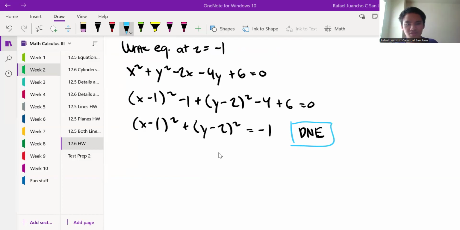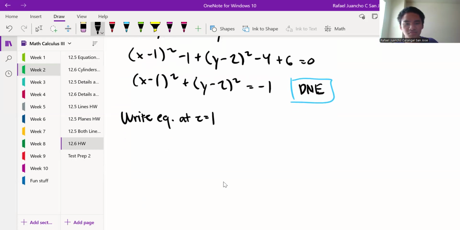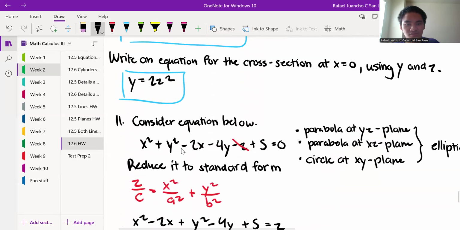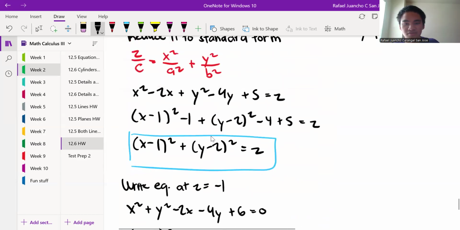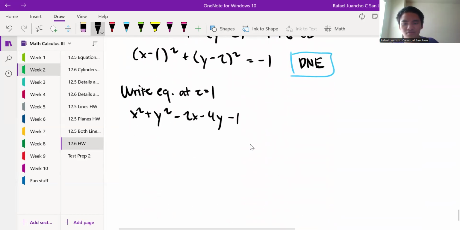Okay, we do it again. This time we write it when z is +1. So this would just change a bit. Oh wait, I'm actually not sure. Let's take a step back and see. So I have x squared plus y squared minus 2x minus 4y minus positive 1. So minus 1 plus 5 equals 0. 5 minus 1 is 4. So I make this a 4.